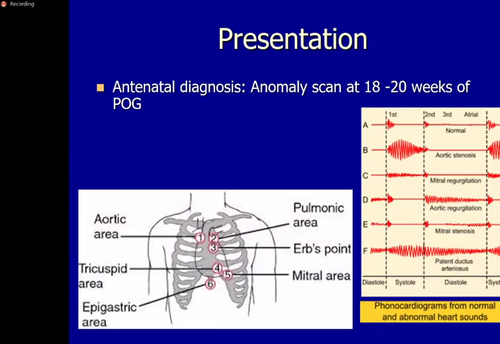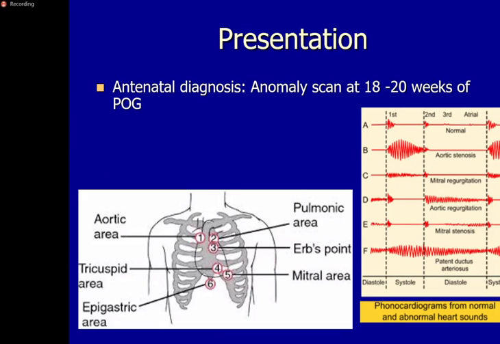Now you all may have heard what we call an anomaly scan. So you can see how congenital heart disease diagnosis evolved. Initially, it was with the color of the appearance. Basically, if somebody was cyanosed, then they would have suspected. But with the invention of the stethoscope, we began to hear different sounds.